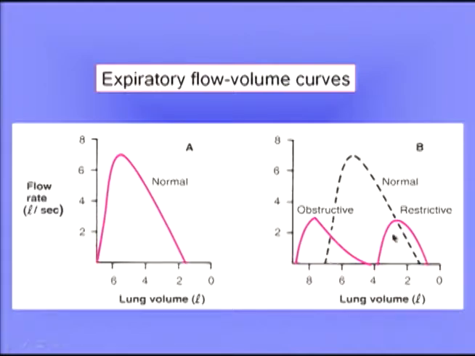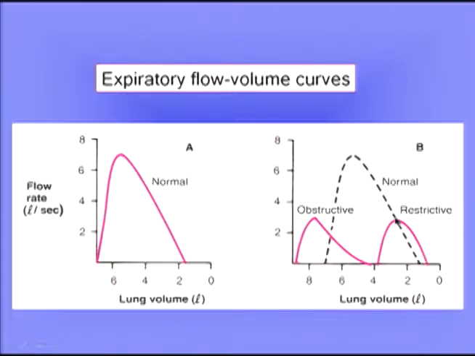And incidentally, here we've got the flow volume curves plotted on the absolute lung volume, which normally is not available to us, but it makes an important point here. In obstructive disease, the patient begins and ends his expiration at a high lung volume. In restrictive disease, on the other hand, he begins and ends at a lower lung volume than the normal subject. Very striking in this case.